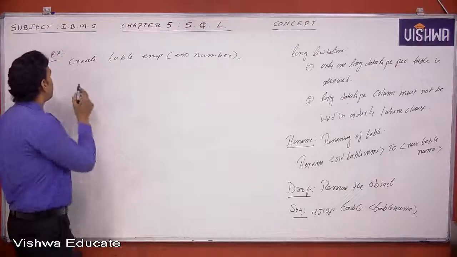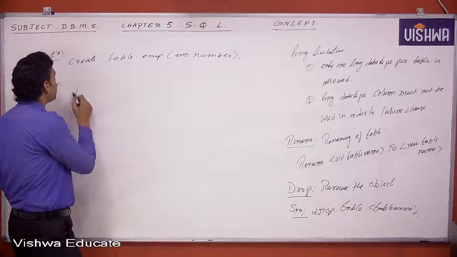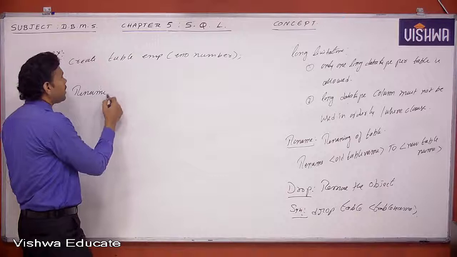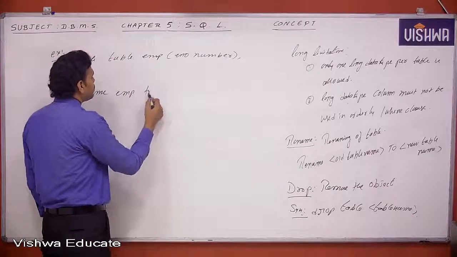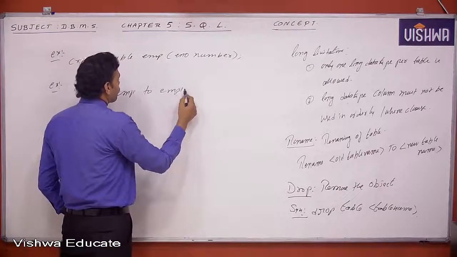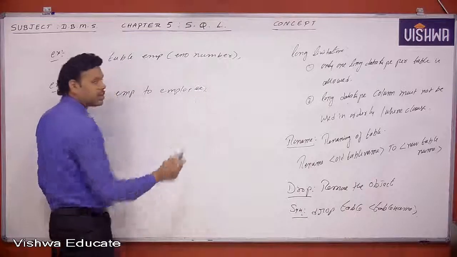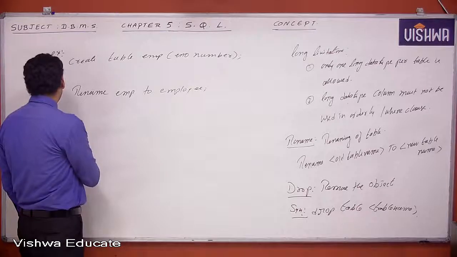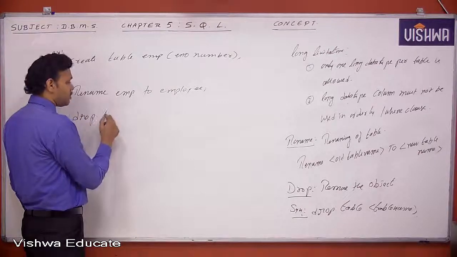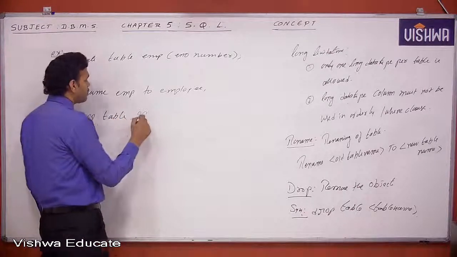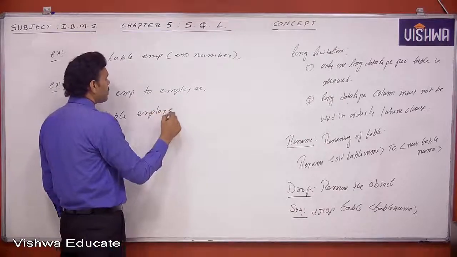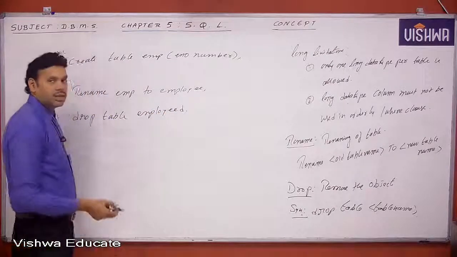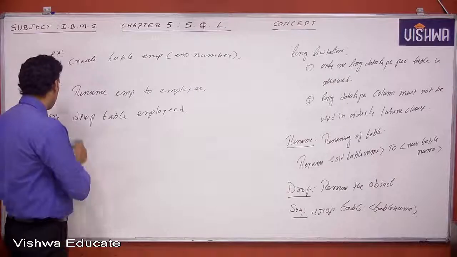Now I want to rename it. How to rename it? Rename EMP to employee. Now the table is renamed. Now I want to drop. How to drop? Drop table employee. That's it. The table is removed. This is how you have to use them.